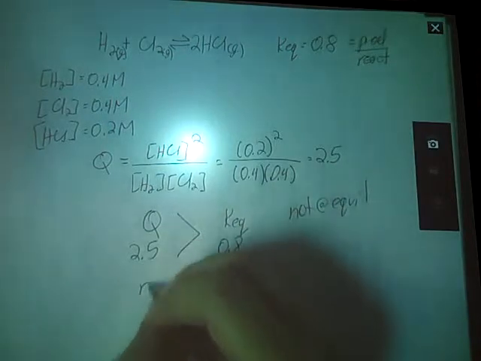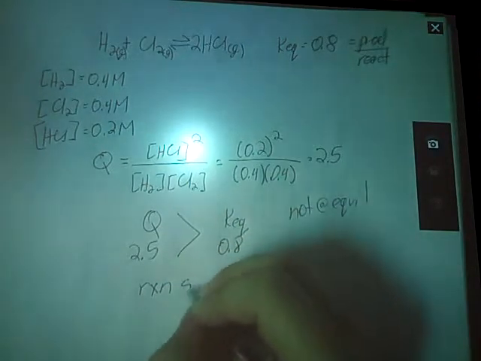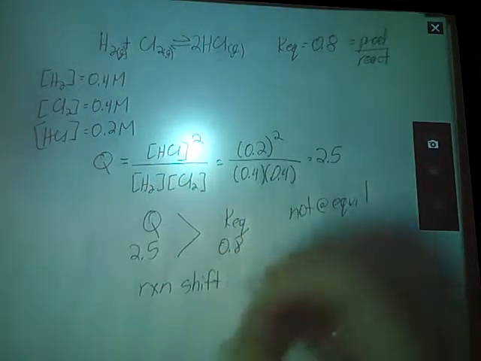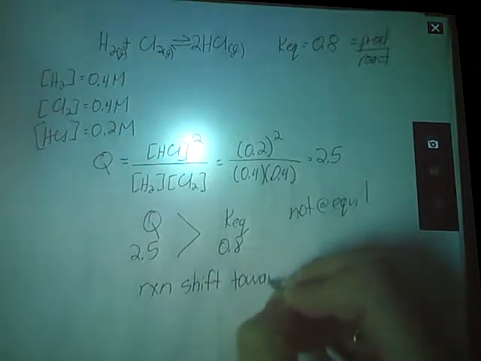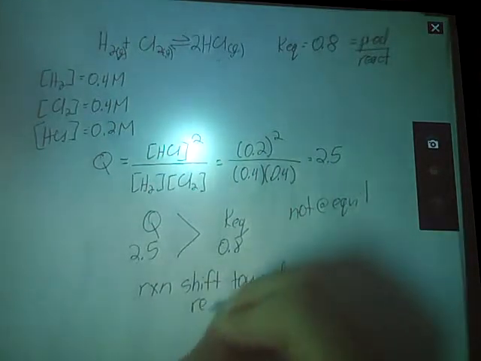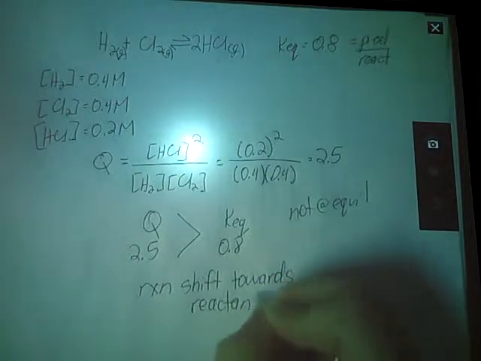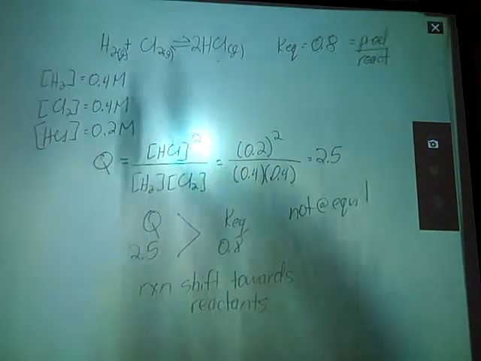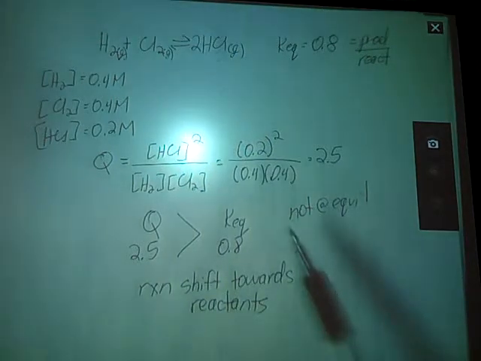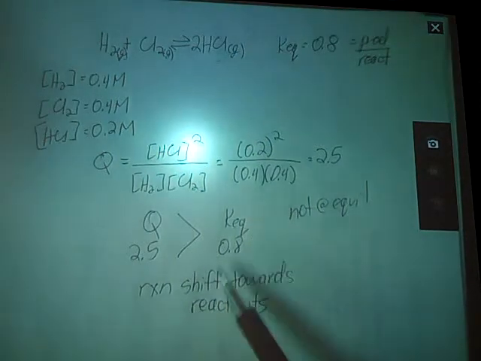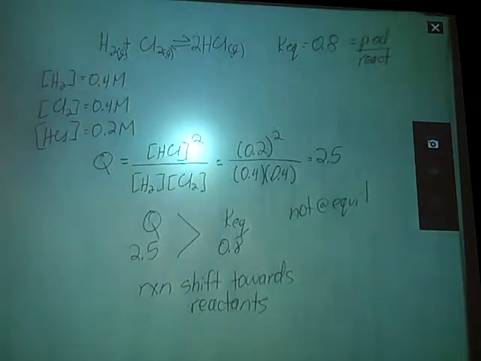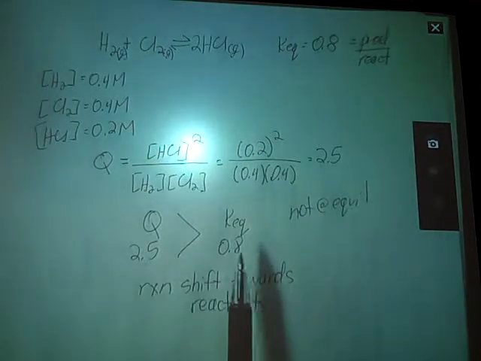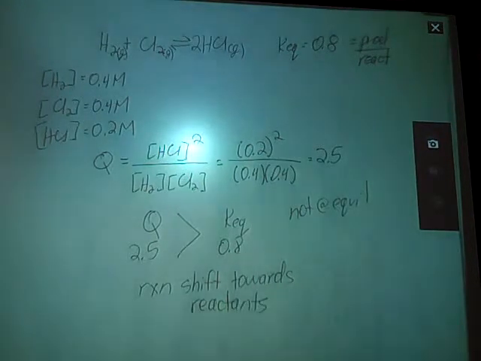So we need our reaction to shift towards reactants. We need our reaction to go this way before we will hit that equilibrium point of 0.08. We need to shift quite a bit because that's greater than 1, that is less than 1.